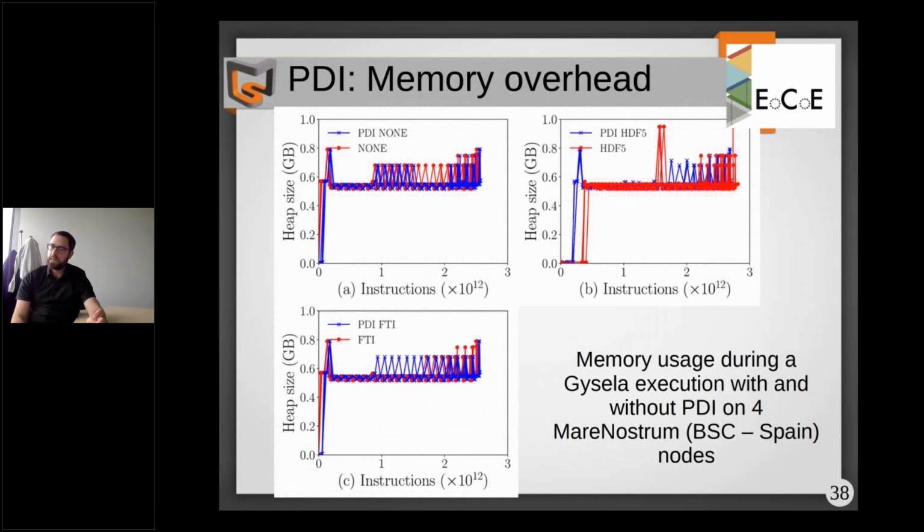But this is really something that is not due to PDI, and the version with PDI offers the exact same behavior as the version without PDI. And it's the same situation for the FTI version, where the use of PDI to interface with FTI doesn't increase the memory requirement. Once again, this is due to the fact that PDI does no memory copy.